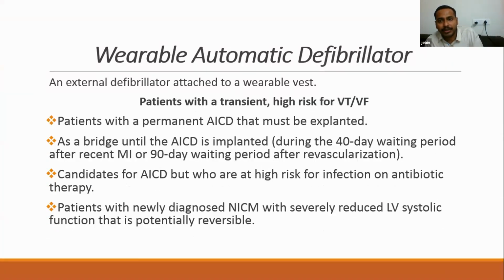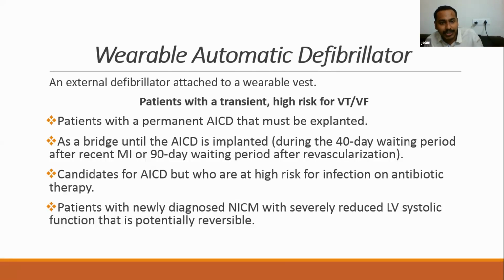The wearable automatic defibrillators are external defibrillators attached to a wearable vest. They are indicated in patients with transient high risk for VT or VF, like patients with a permanent ICD that might be explanted for any reasons like device malfunction or infection, and as a bridge until the ICD is implanted, like during the 40 days waiting period post MI or 90 days waiting period post myocardial revascularization.